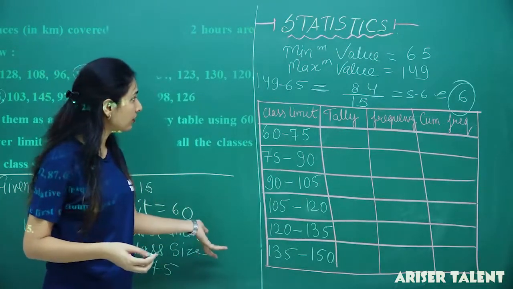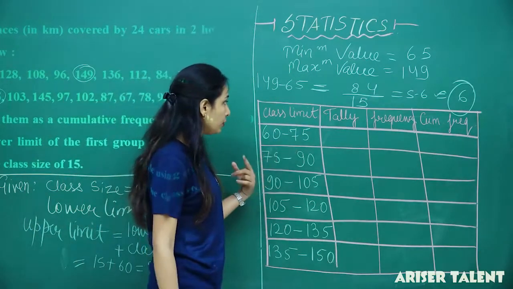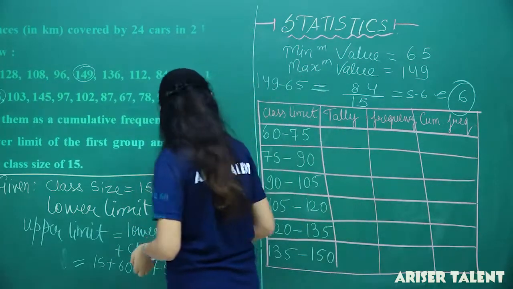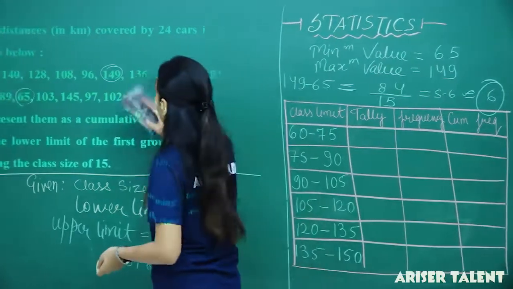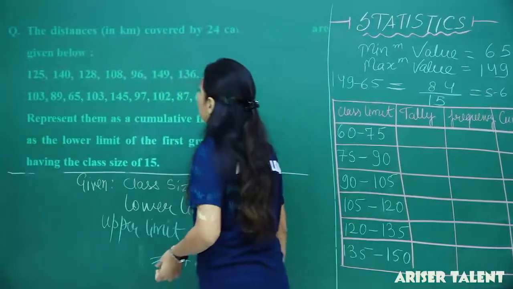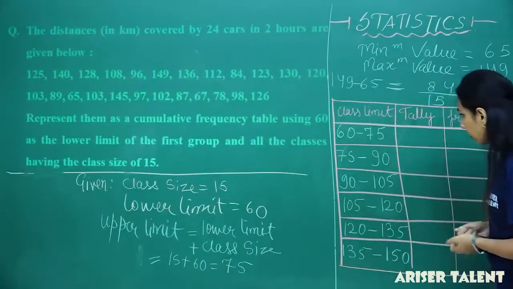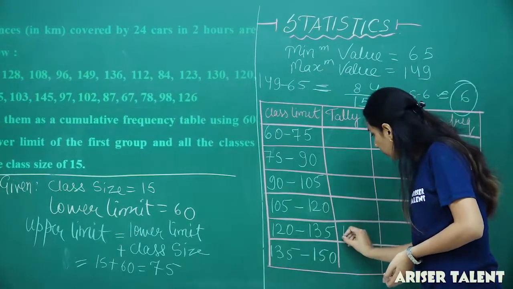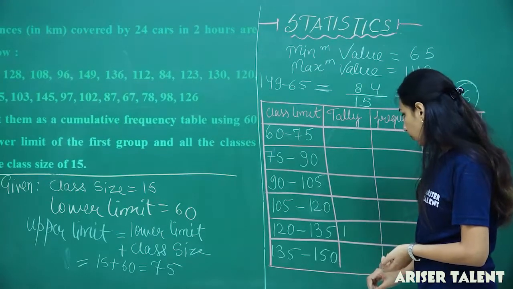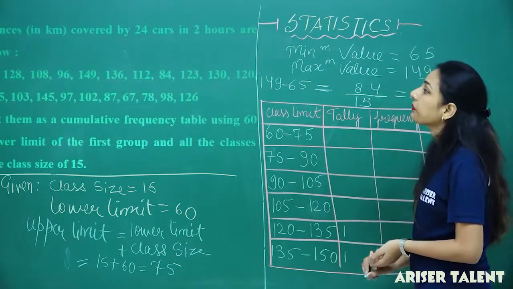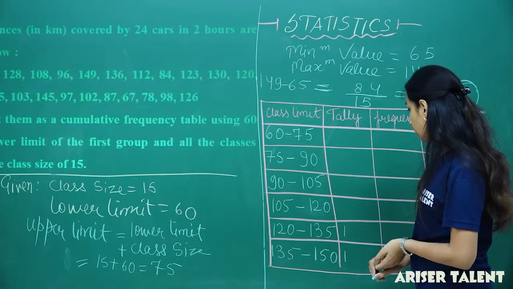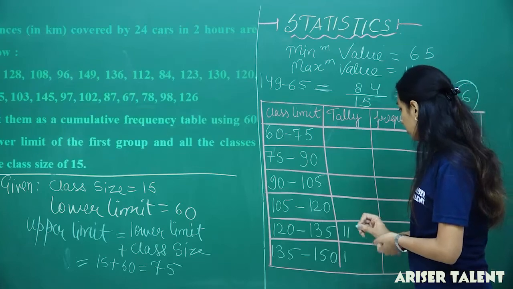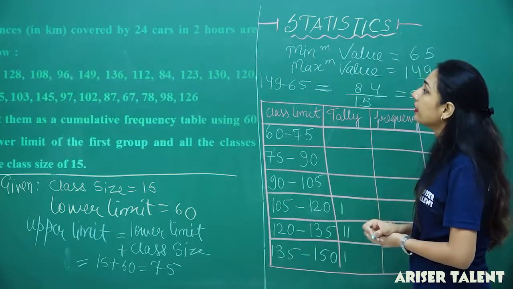Now students, with this tally, what will we do? We'll count and mark there. Starting from 125 and 140. 125 lies here. Then 140 lies here. Then 128 lies here. Then 108 lies here. Then 96.